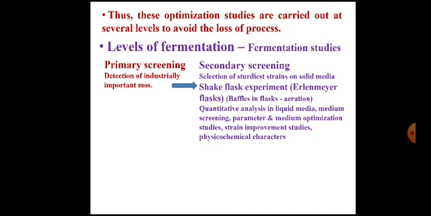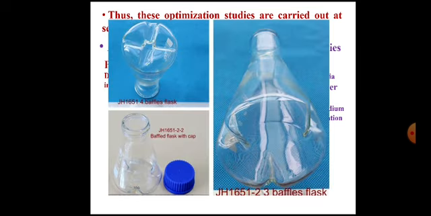It also involves medium optimization studies, as we have learned in the earlier chapter. It involves strain improvement studies and the study of physicochemical characteristics. So, this is the part which is covered at this second level, that is the secondary screening step.